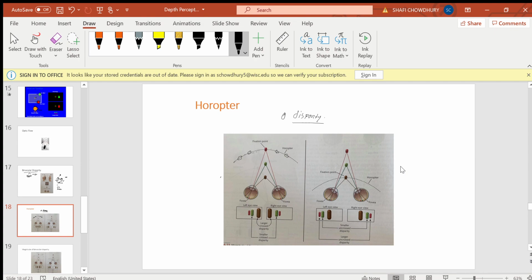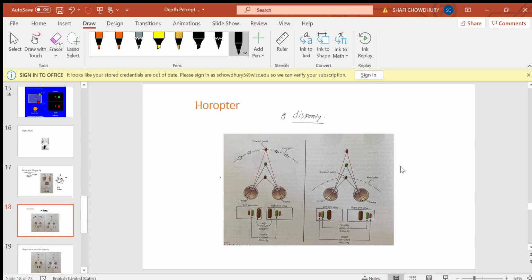So the definition of horopter, you can say, is an imaginary surface defined by the locations in space from which objects would project retinal images at corresponding points. So fully overlapped.